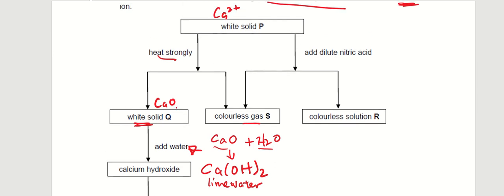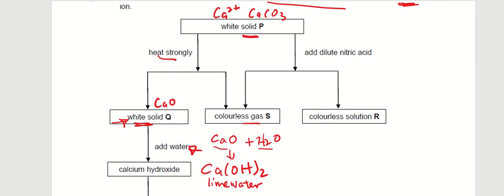Now if we know that this is calcium oxide and we obtain solid Q from heating P, we should know that P is calcium carbonate.